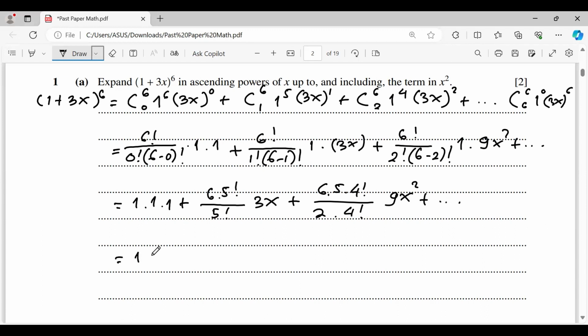So it's going to be 1 plus 18x, plus 30 over 2 equals 15 times 9, 135x squared.